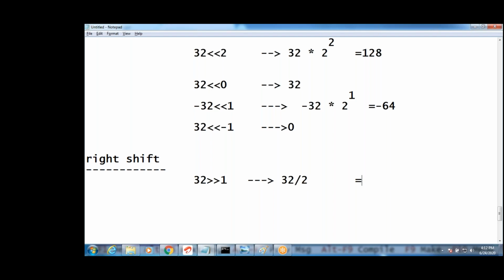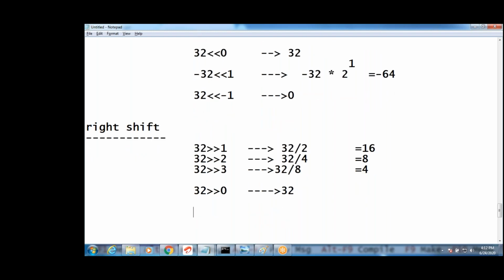What is 32 right shift 1, guys? 32 by 2 power 1, which is 16. 32 right shift 2: 32 by 2 square, 32 by 4 is 8. 32 right shift 3: 32 by 2 power 3, 32 by 8 is 4. What is 32 right shift 0? No shifting. That is 32.